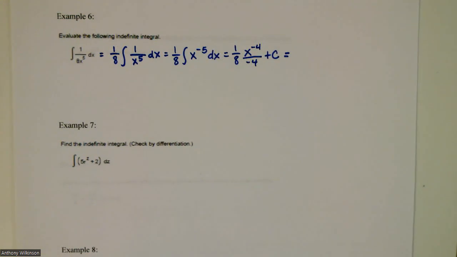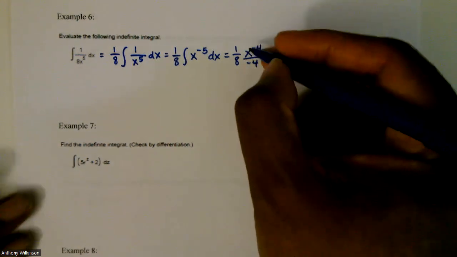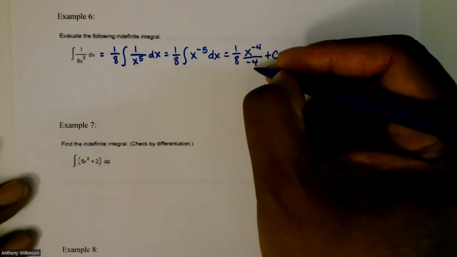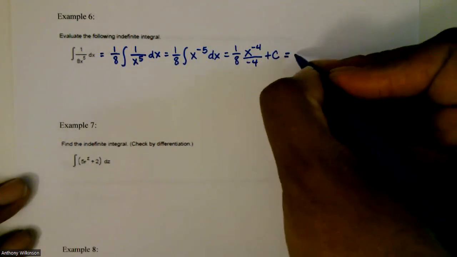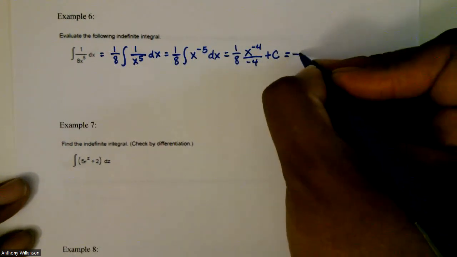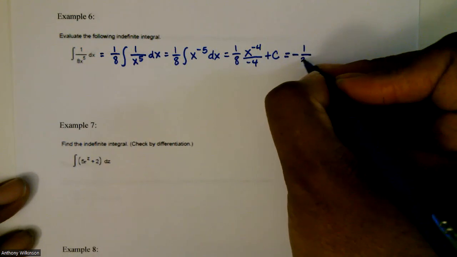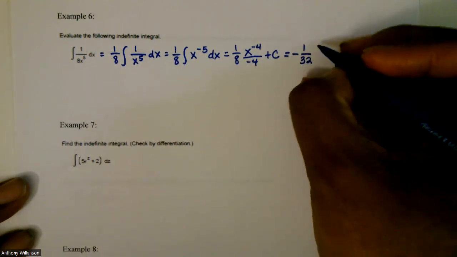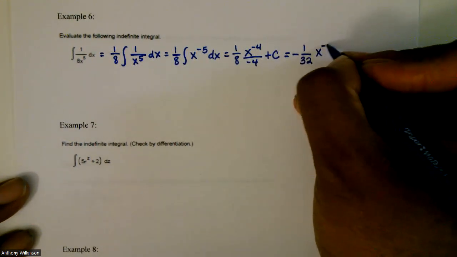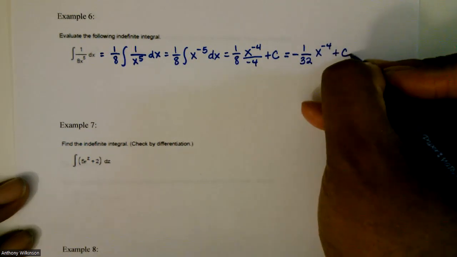Now, when I simplify this, I'll just multiply numerator times numerator and denominator times denominator. I can write this with a negative sign in front. 1 over 8 times 4 will be 32, and then bring over the x to the negative 4 plus c.